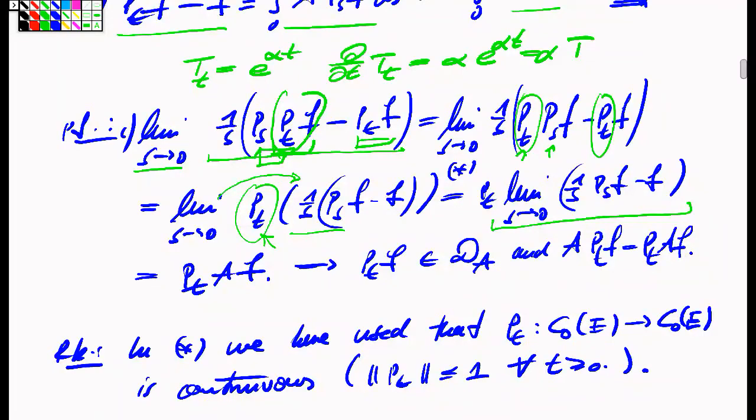But finally, I can use the hypothesis that the function f belongs to the domain of the generator A, so therefore the inner limit is known to exist, and it is Af, where A is the generator of the semigroup. So what do I learn?